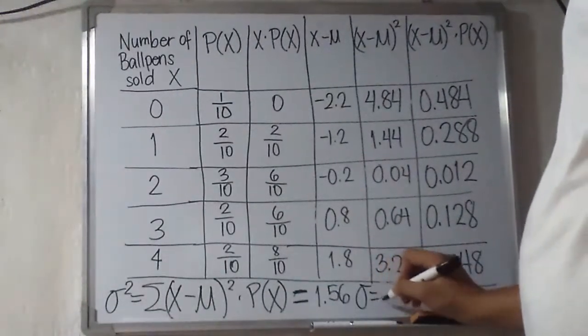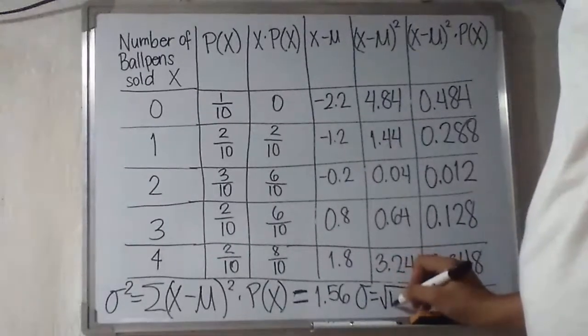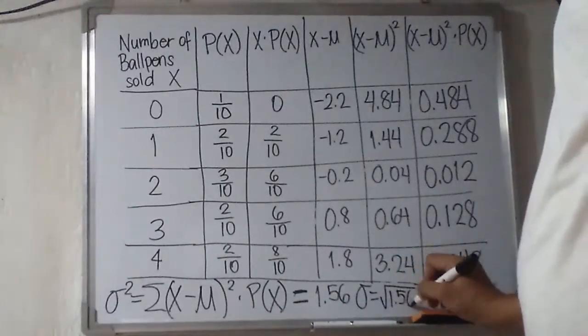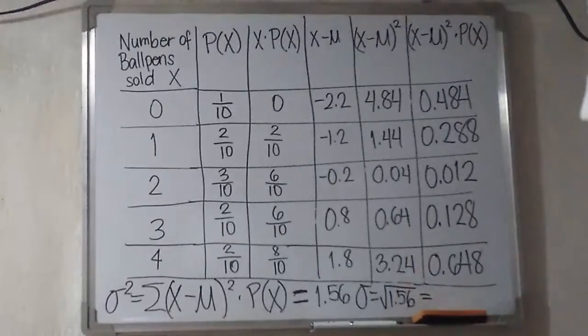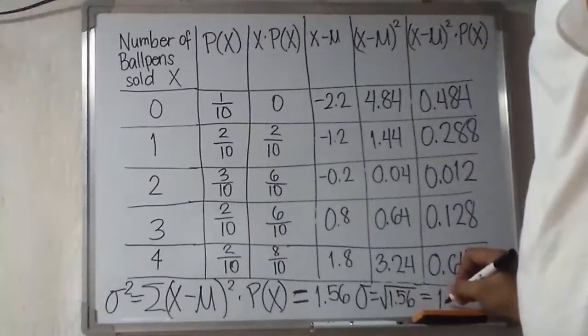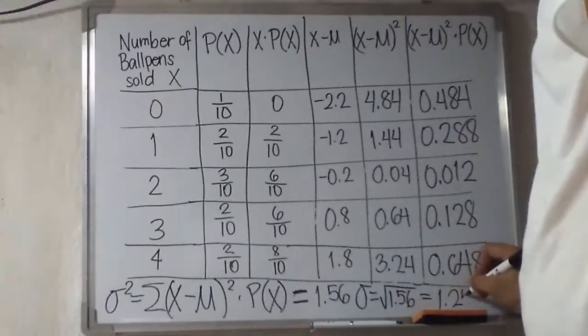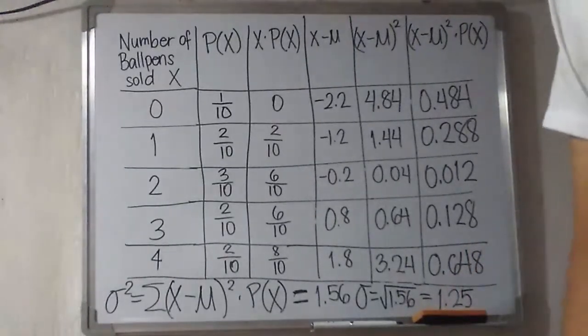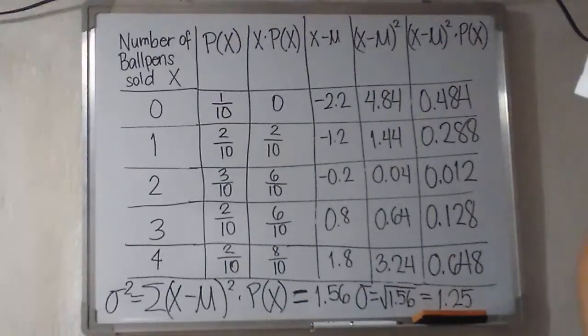So that is square root of 1.56, which is equal to 1.25. So did you get the same answer?